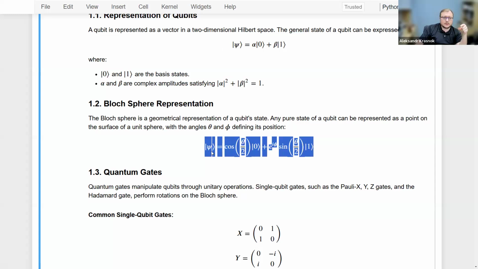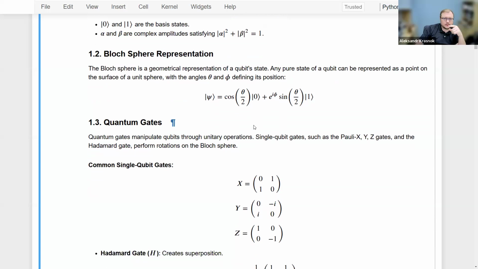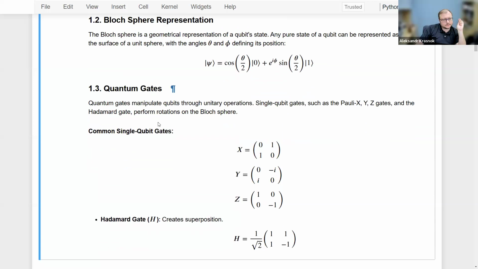So we can represent any quantum state of a single qubit using the Bloch sphere, and this is the way we do so. We attribute this theta and phi that indicate the direction of the quantum state.